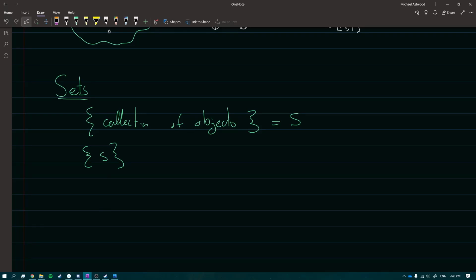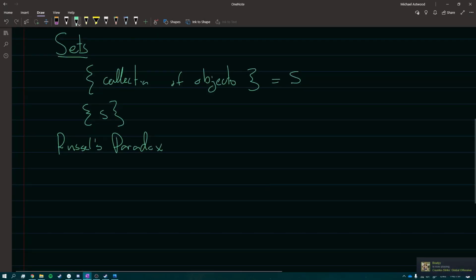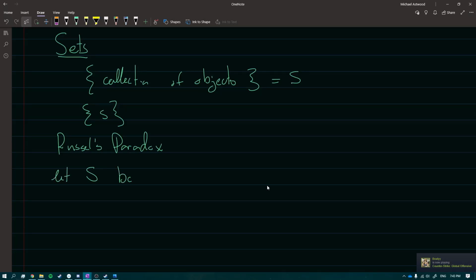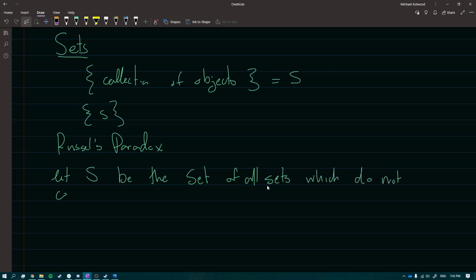So Russell's paradox goes like this. Consider, let me write this down, the set of all sets. Let S be the set of all sets which do not contain themselves.